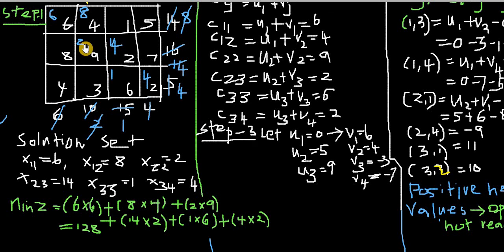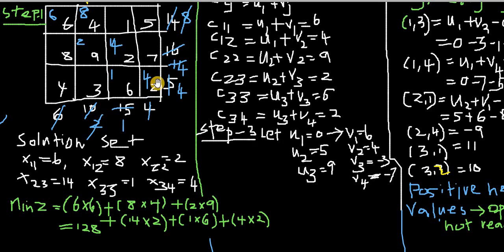That will give you the total transportation cost from here to here for 2 items at the rate of 9 rupees per product, and then multiply this and this, that will give you the total transportation cost from here to there, and this is the transportation cost for one item at the rate of 6 rupees per item from here to here.